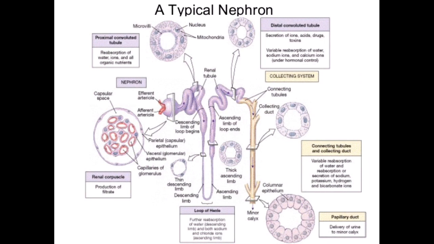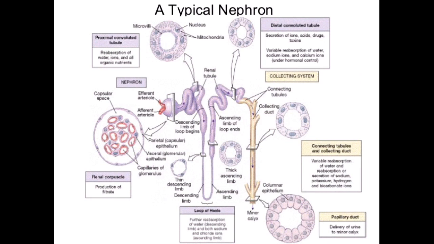In this diagram, the various parts of nephron are shown. Their internal structure, anatomy of the nephron is also shown in the figure. That is Bowman's capsule, proximal convoluted tubule, then loop of Henle.